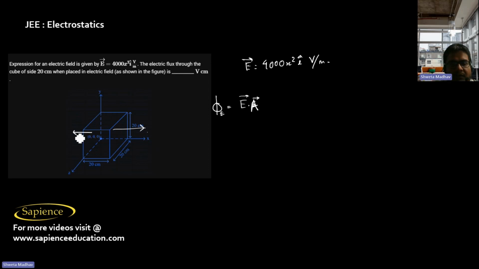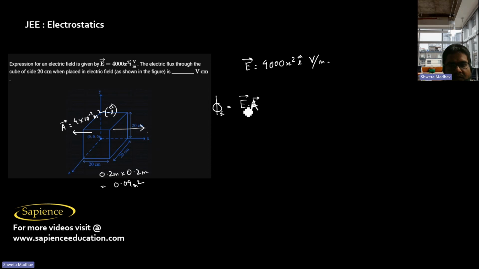For the left face, the area is 0.2 meter into 0.2 meter, that is 0.04 meter square, which is 4 into 10 power minus 2 meter square, along minus i cap.